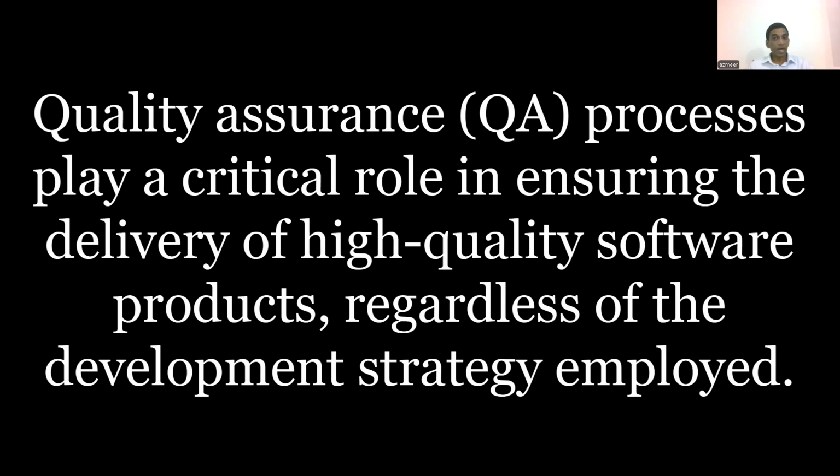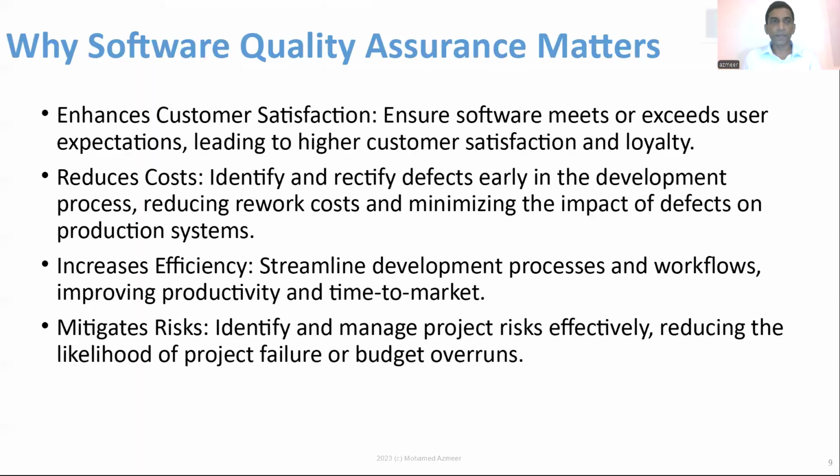Now, that's important: regardless of the development strategy. It doesn't matter whether you are using extreme programming or agile method or waterfall method, whatever. If you have a QA process in place, that process will make sure you deliver a high quality software product. So you see, the QA process is independent of the software development process. That's a point I want to make here.